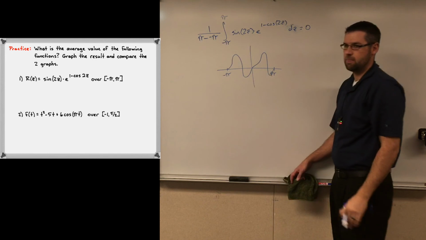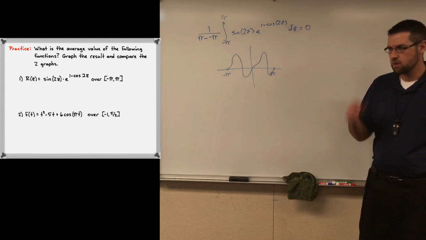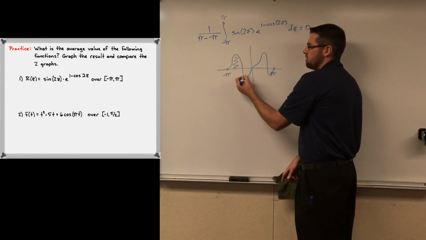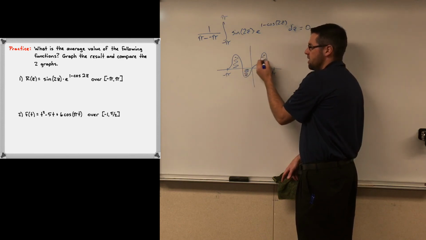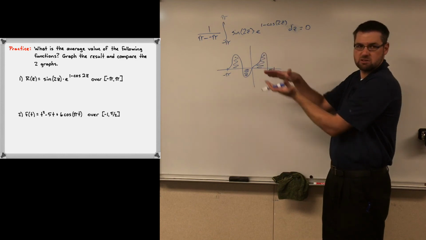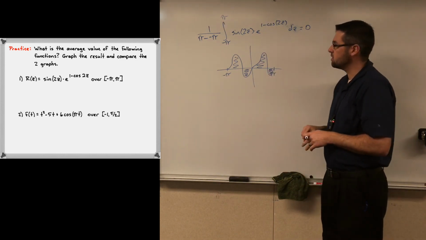Something like that, right? You guys are killing me. Yes, I got that. So the area here compensates the area there exactly. I didn't graph this perfectly. And the area here compensates for that. So the average value is just the x-axis. Does that make sense?